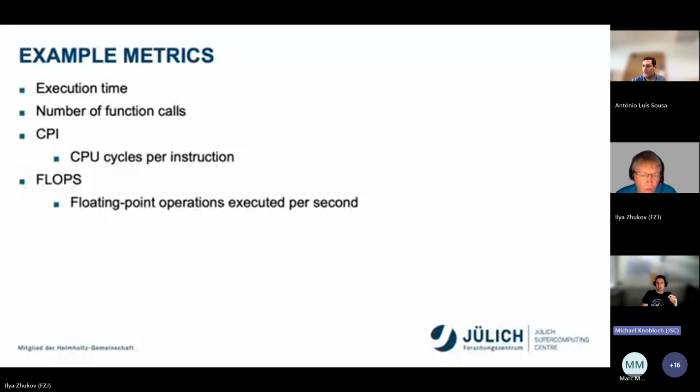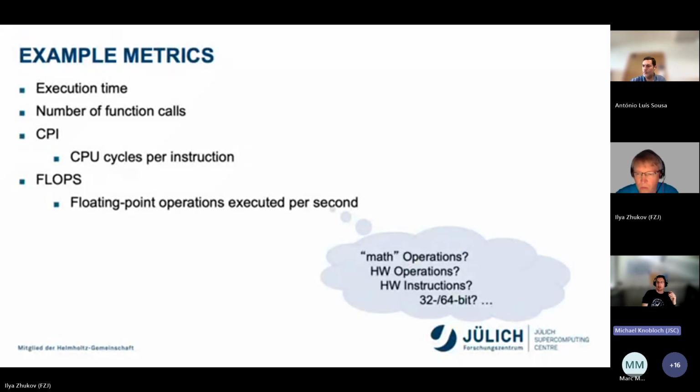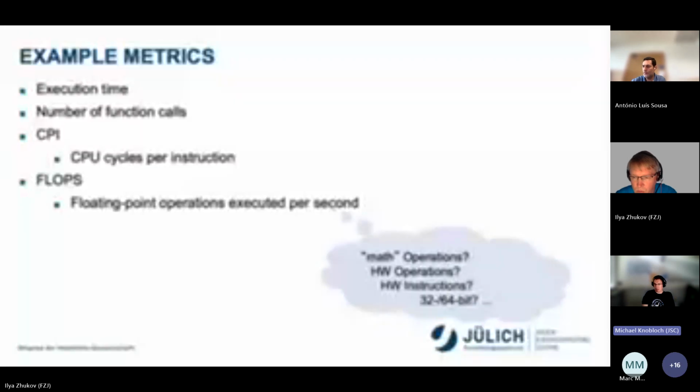Looking at flops, the floating point operations executed per second, things become even worse, because what do you actually calculate? This can mean many different things. Are those math operations? Are those hardware operations? Are those hardware instructions? Because those can be different things.